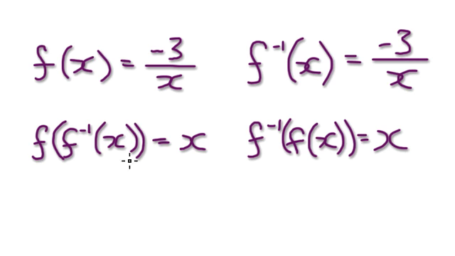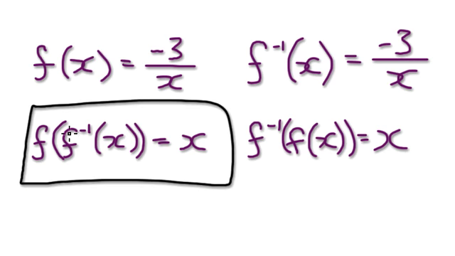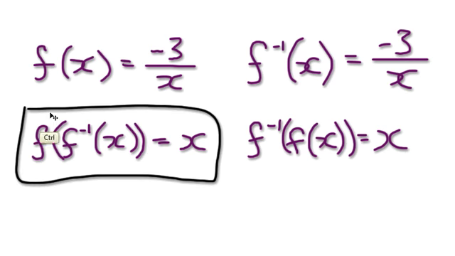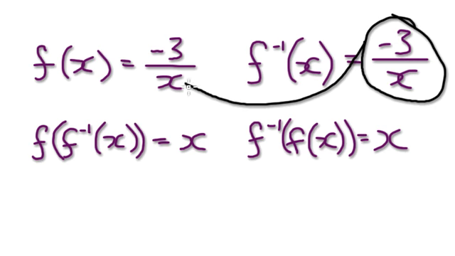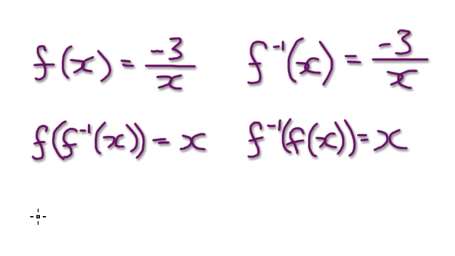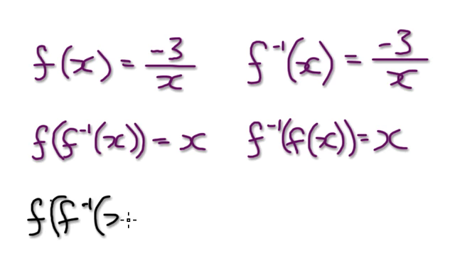So now, looking at this here, we've got to put the inverse into the function. What this is saying is put the inverse into this x here. Okay, so let's try and do this. Put the inverse into the original function.